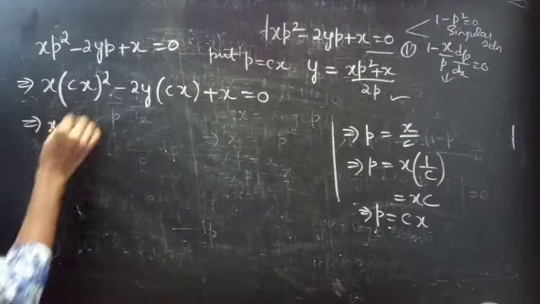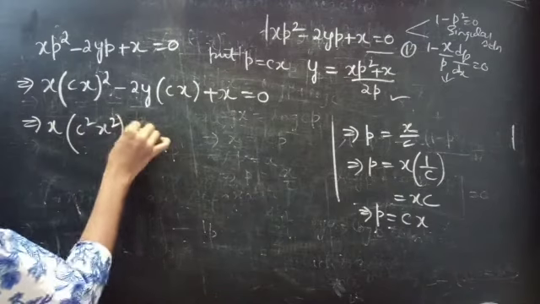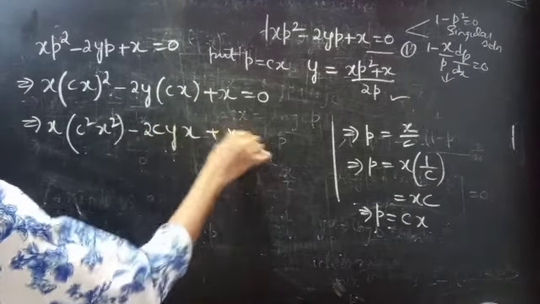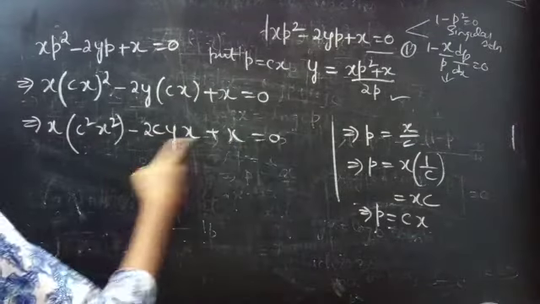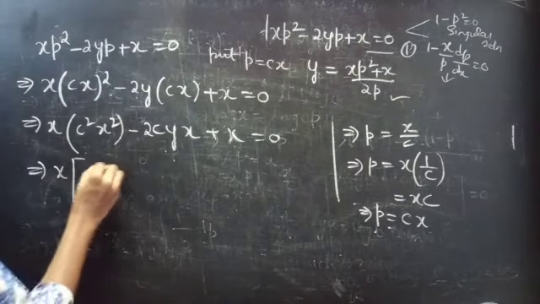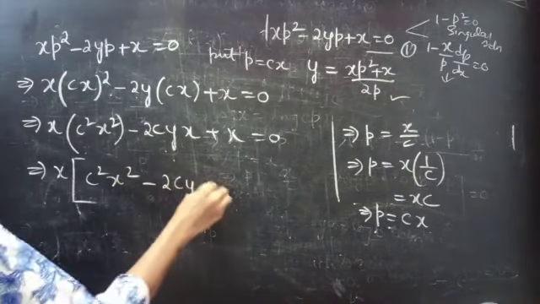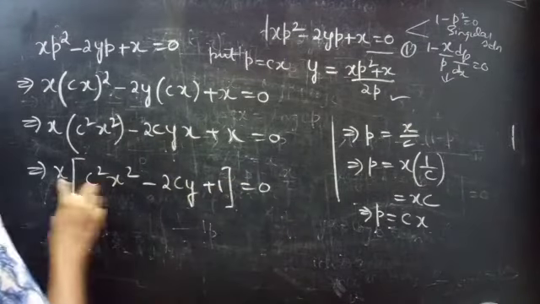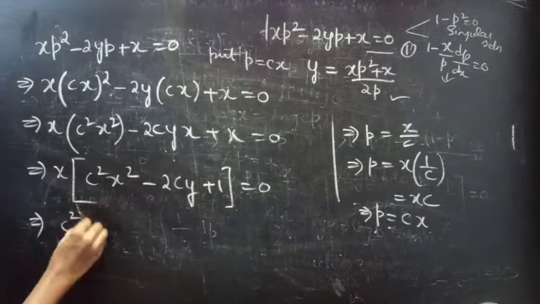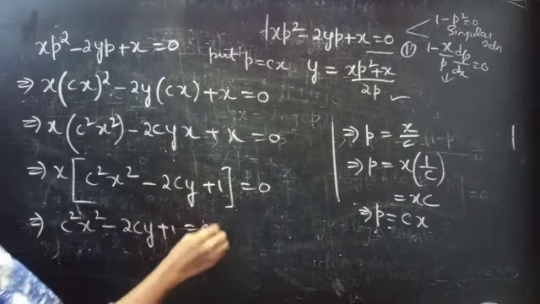Then x into c square x square minus 2cyx plus x equals 0. You have x in all three terms, so take x common from all these terms. You'll get x times (c square x square minus 2cy plus 1) equals 0. Then x becomes 0 and you'll get c square x square minus 2cy plus 1 equals 0.